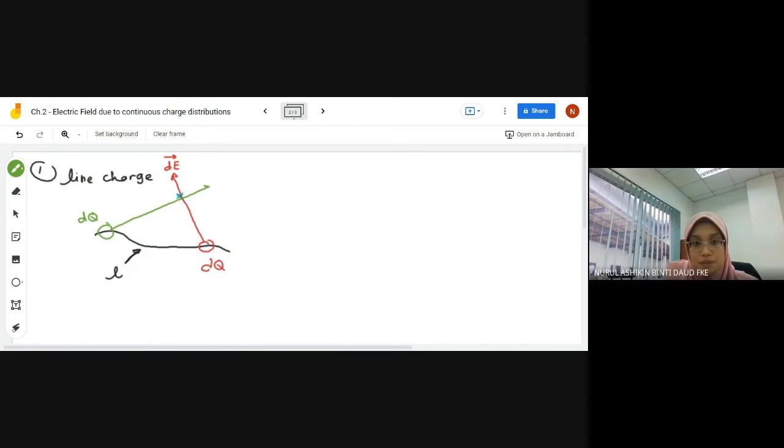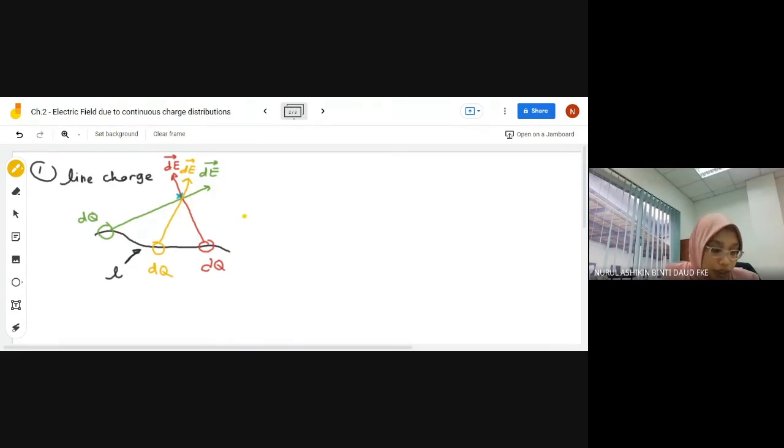This will produce an amount dE with respect to this sample. Let's take another sample at this location, which also carries dq and produces a small amount of electric field, dE.